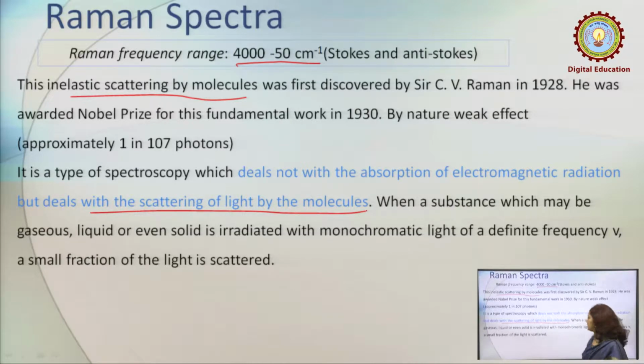When the substance, which may be gaseous, liquid or solid, is irradiated with monochromatic light of definite frequency nu, a small fraction of the light is scattered.